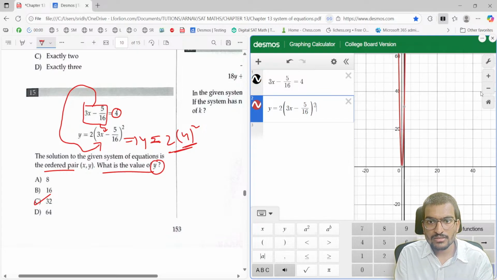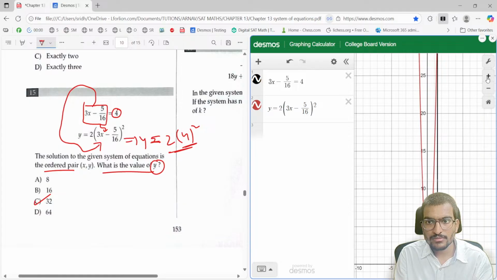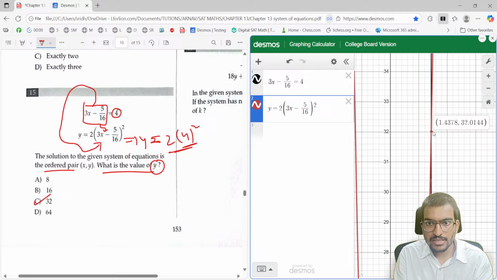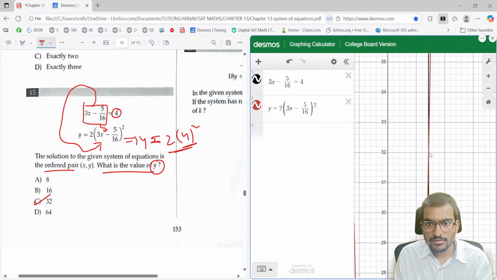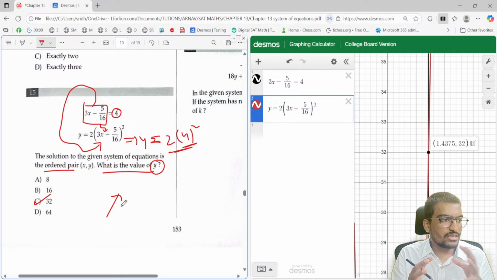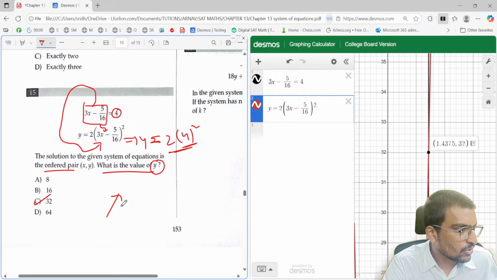Let's see what we get. They are meeting somewhere here. You see the y value, even if you put it into DESMOS, it's 32. It's always better to see if there is any faster way that we can solve it in a traditional way.